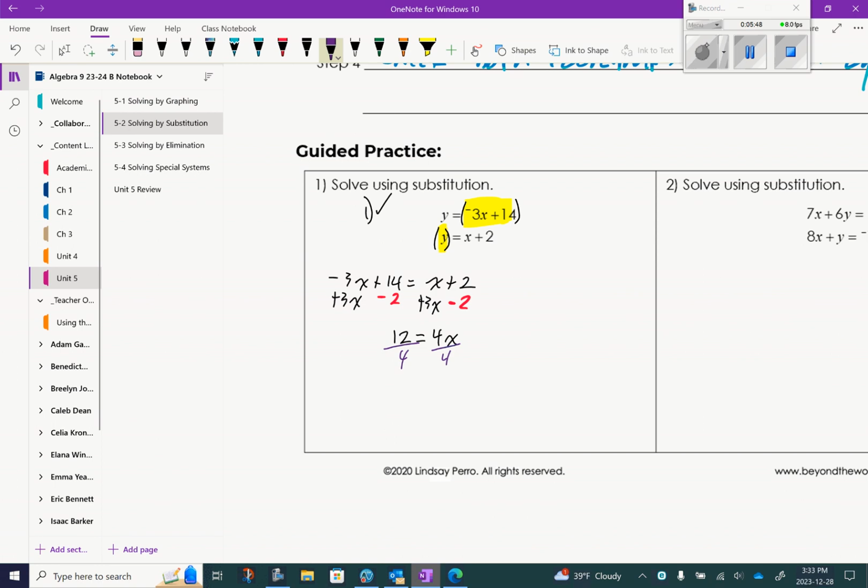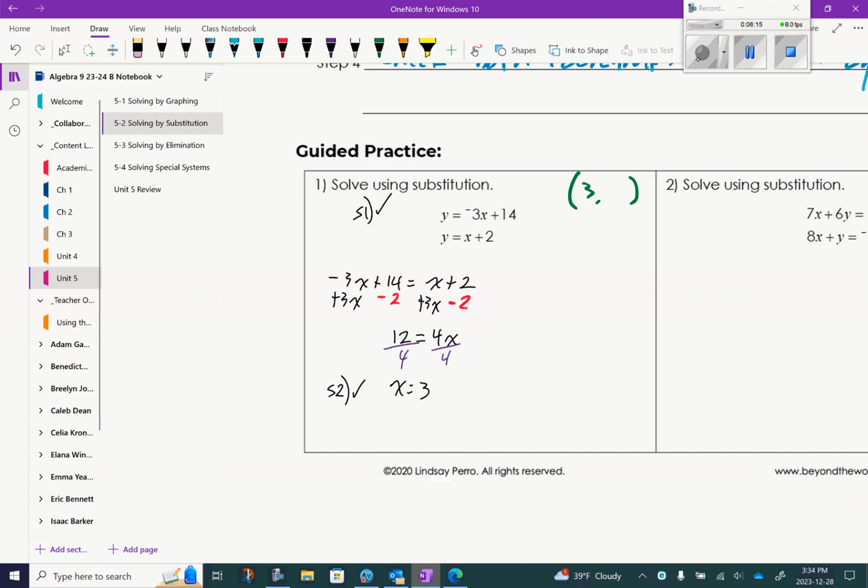Divide by 4, and x equals 3. So that takes care of step 2. That gives me one of the coordinates of this point of intersection I'm looking for.